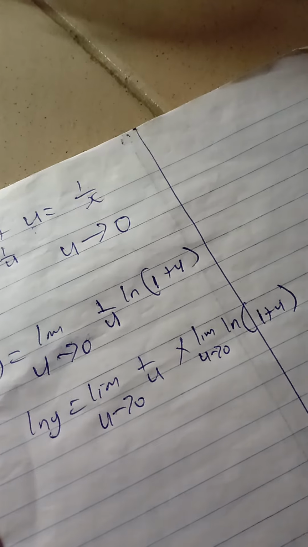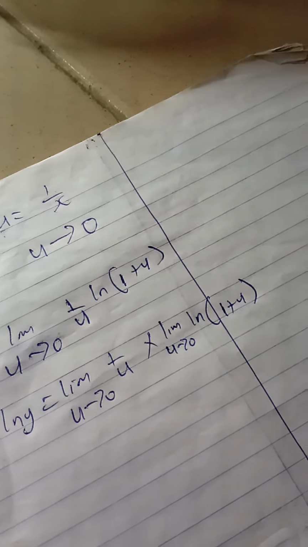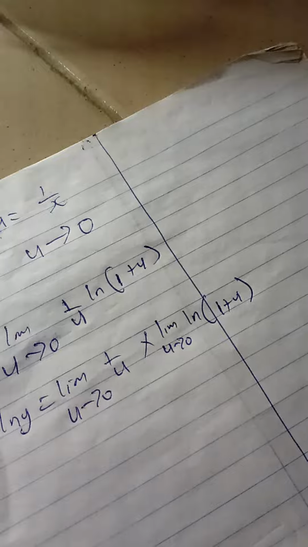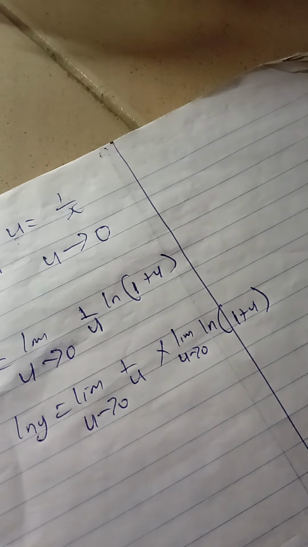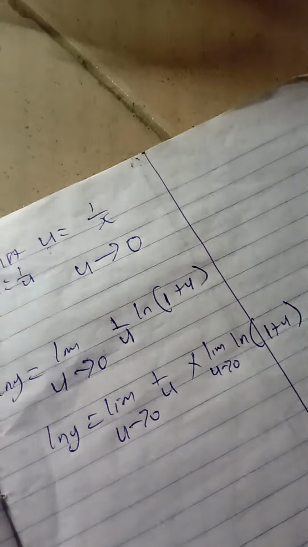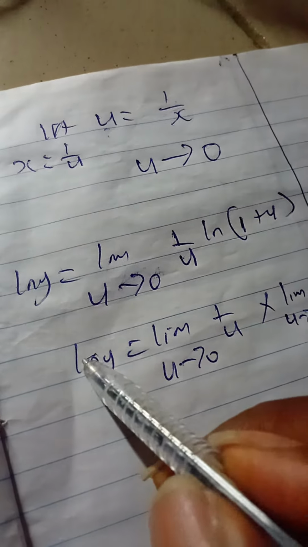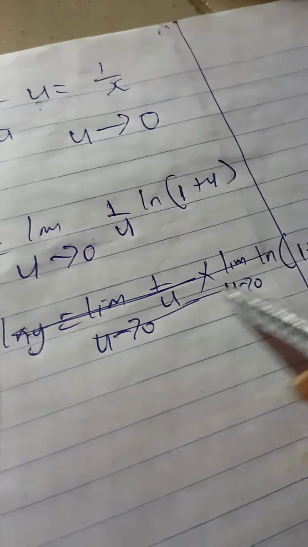This 1 over u will give me 1 over 0, and I don't want to have 1 over 0. Does it mean I can put this thing directly? Oh, sorry, I don't need to split it.